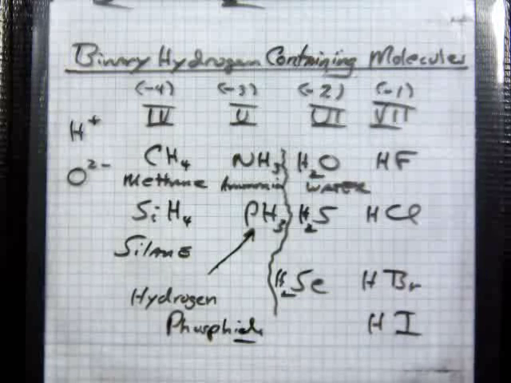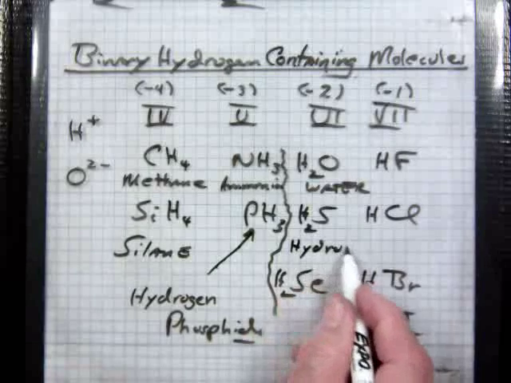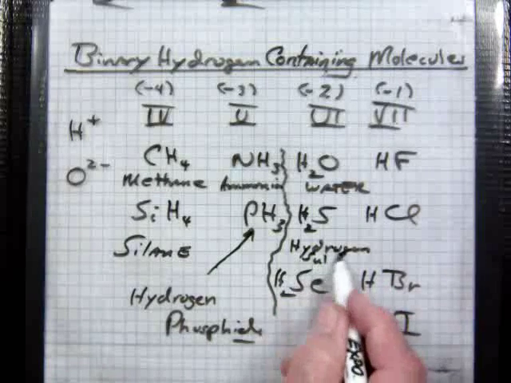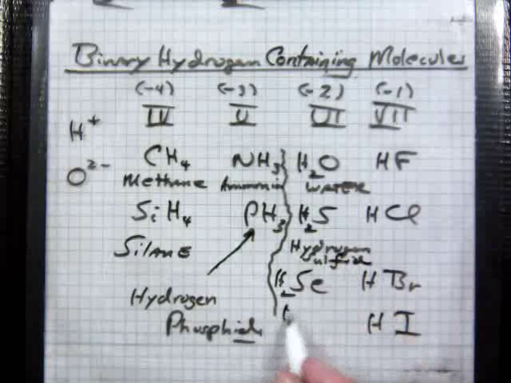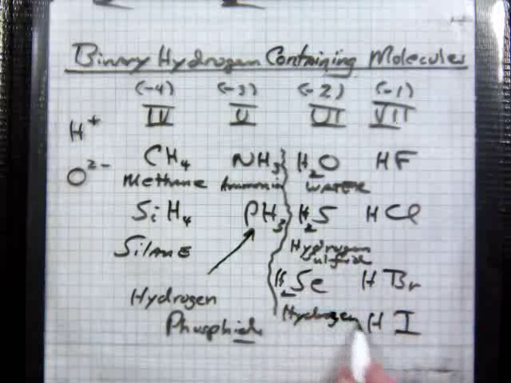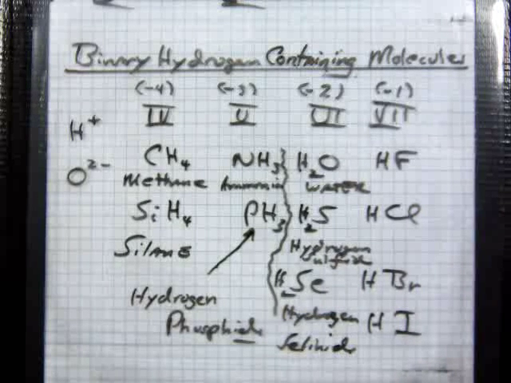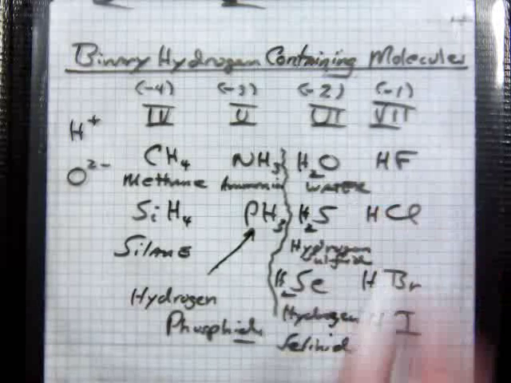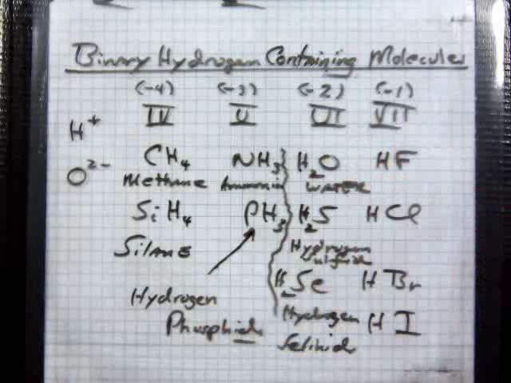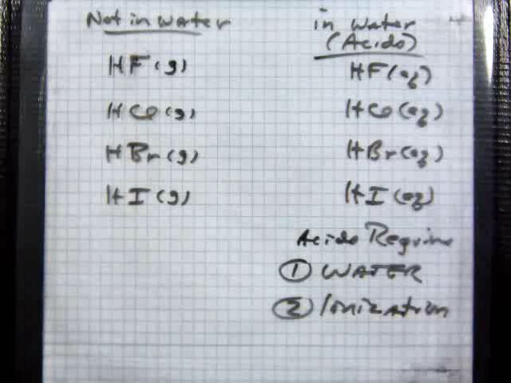You'll notice it's a single phosphorus. And this is hydrogen sulfide. Of course, hydrogen selenide. You can look through the scribbles, but you follow my logic. Now, I want to separate these out into 2 groups. I'll show you. There we go.